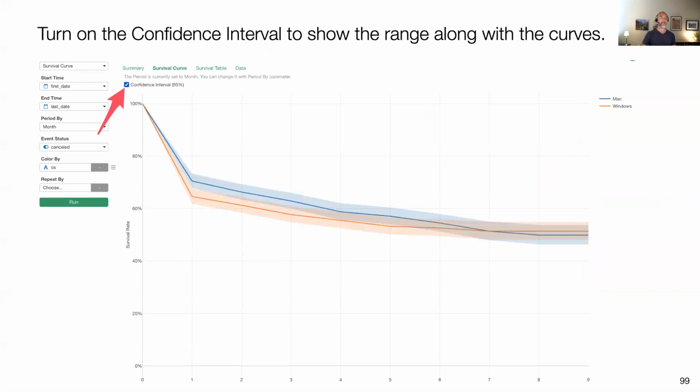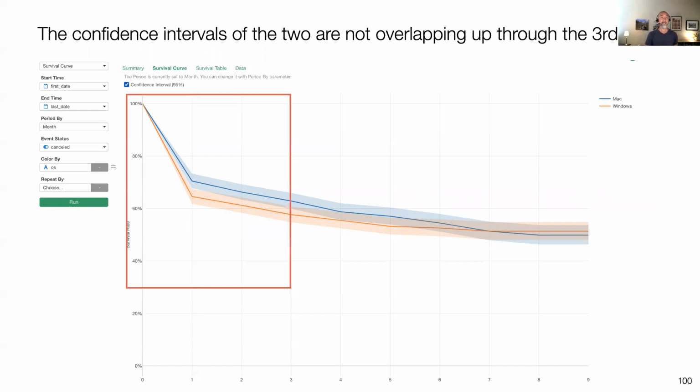Okay, let's go back to the exploratory side of things. There is a checkbox to show the confidence interval, and then you see not just the line but also the range. The key thing here is whether those ranges, or confidence intervals, overlap each other. Focus on the mark: in the center there's a line, and the range is the area.